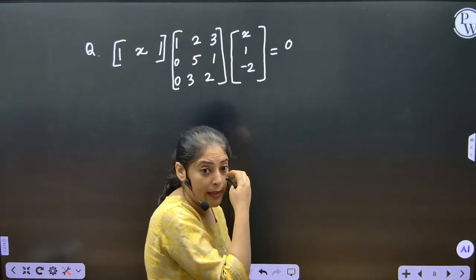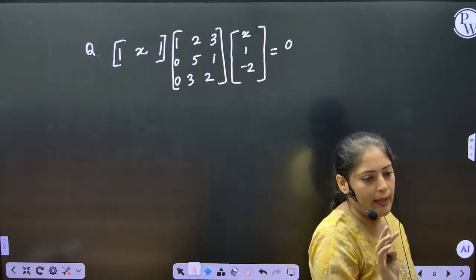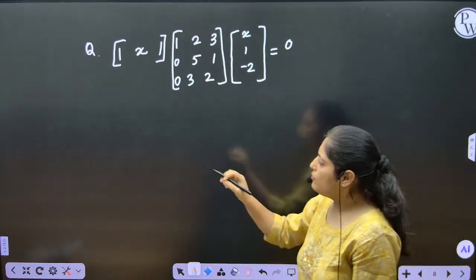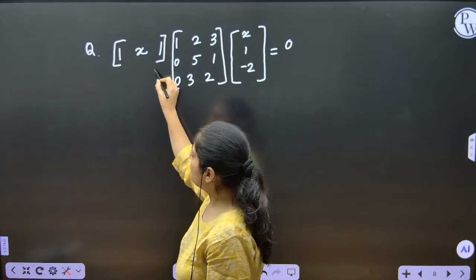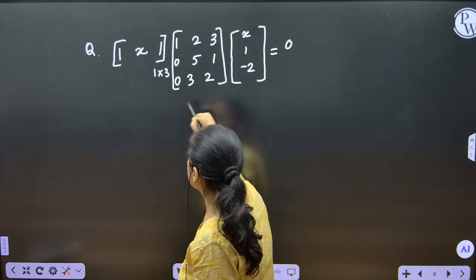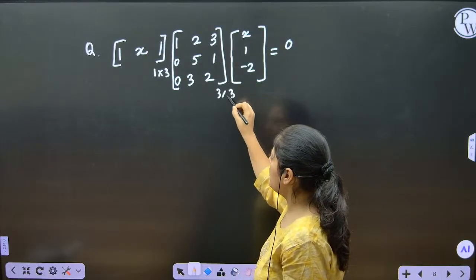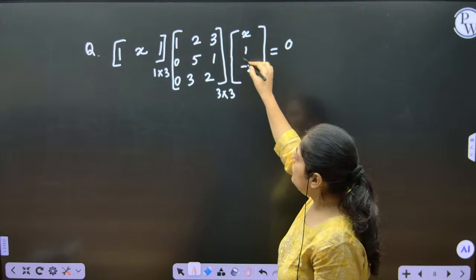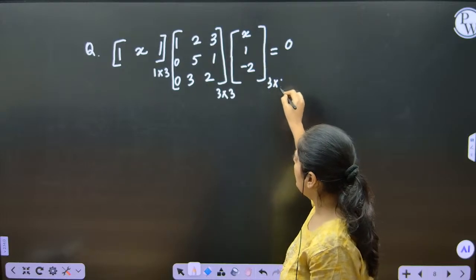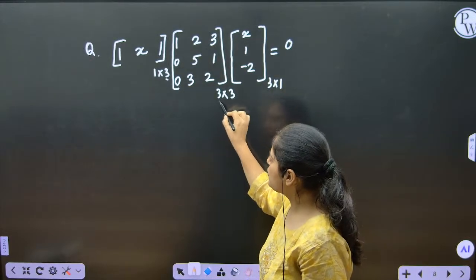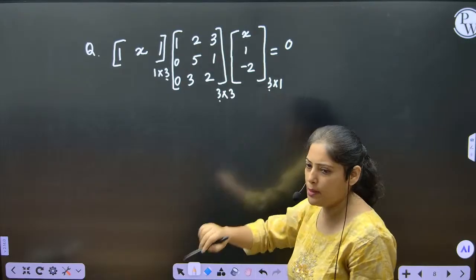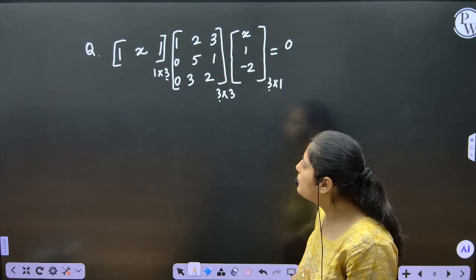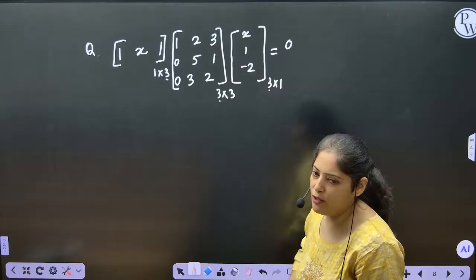It is a null matrix. See what it means: it is having 1 row, 3 columns; 3 rows, 3 columns; 3 rows, 1 column. So this number and this number should be the same. Anyhow it is coming out to be. Now we have to find the value of x here.